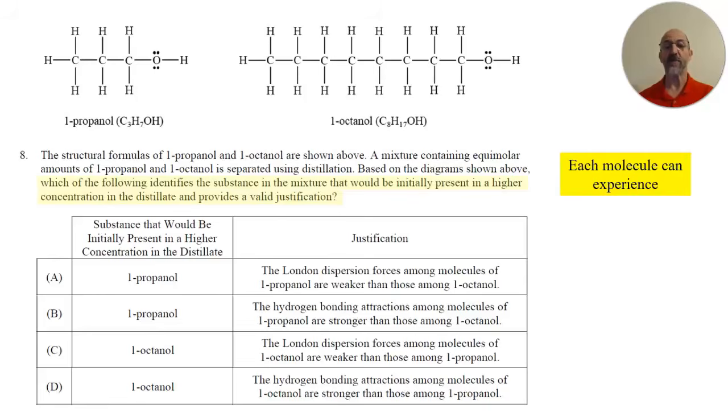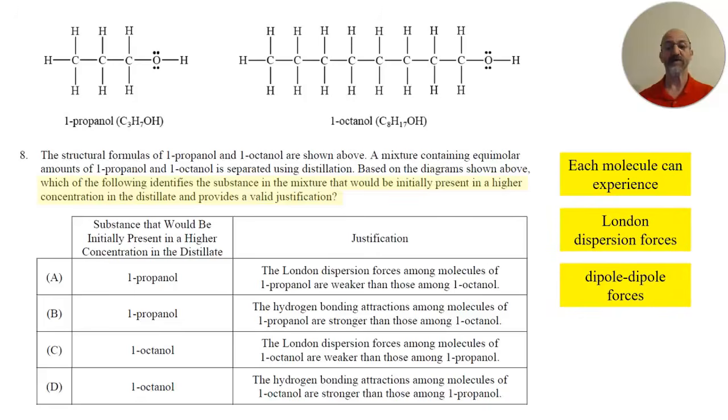Now, although each molecule can experience London dispersion forces, and they're polar, that would be dipole-dipole forces, as well as hydrogen bonding, because of the hydrogen directly bonded to the oxygen atom, they can experience all 3 of these intermolecular attractive forces. The significant difference between 1-propanol and 1-octanol is the size of the electron cloud.